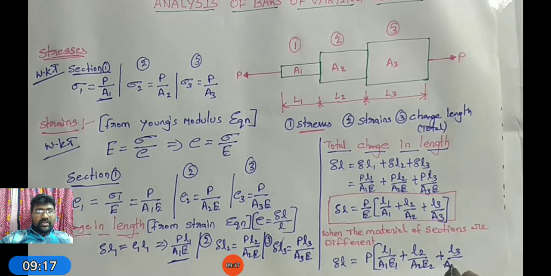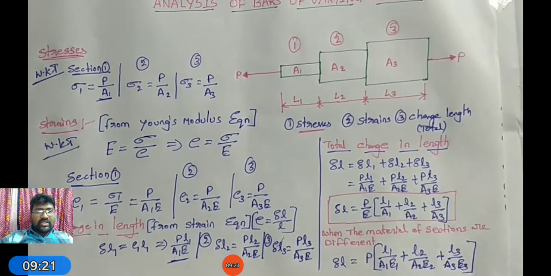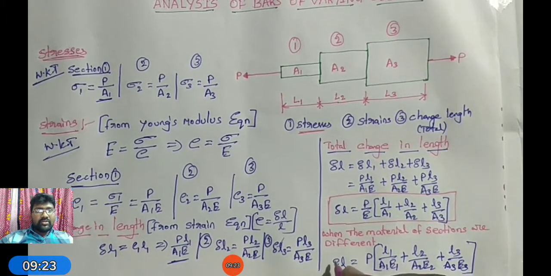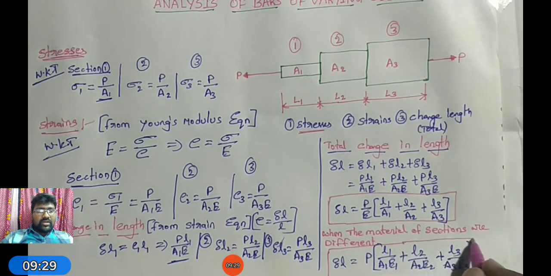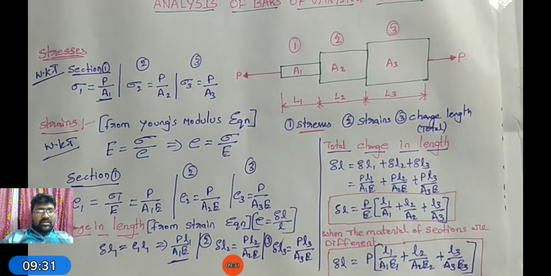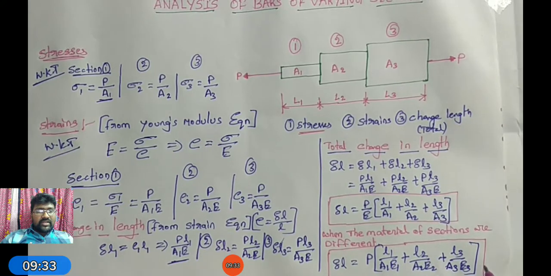It is the equation for calculating the change in length when a bar is subjected to axial load. If the number of cross sections increases, we have to add that section's data in this equation.